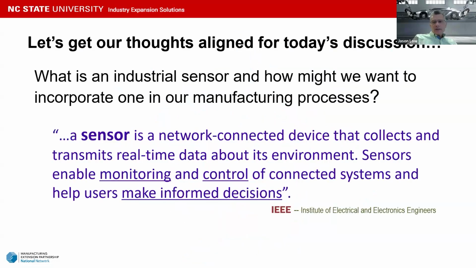So for our discussion today, we're going to still reside in sensing, but we're going to look at some higher levels in our automation hierarchy that lead us to decision making. So we're concerned about monitoring and control of devices, but ultimately we want to make decisions based on sensing in a process.